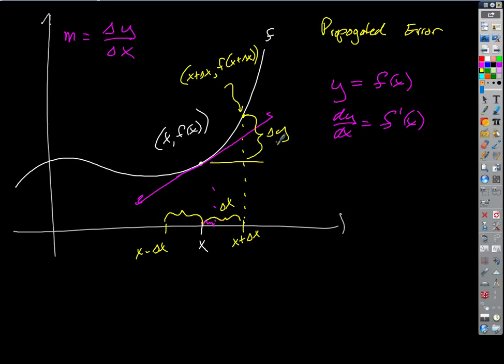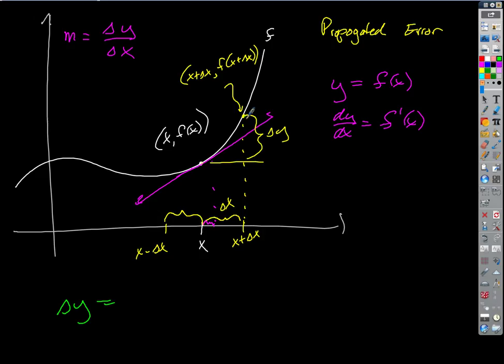If we move to the right by an amount delta x, how much did the function increase? Well, all we did is we went from a y value of f of x to a y value of f of x plus delta x. So what's the definition of delta y? How much did the y value change? If the ant walked from this point to this point, how much did it go up?